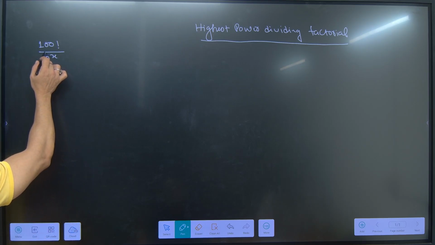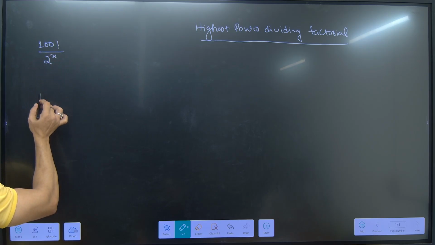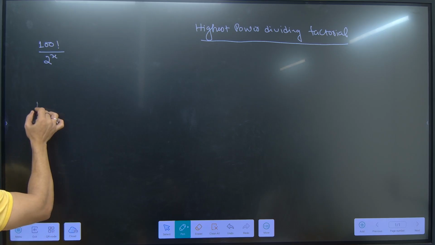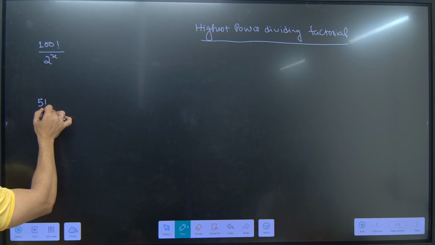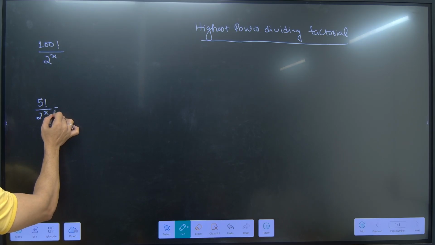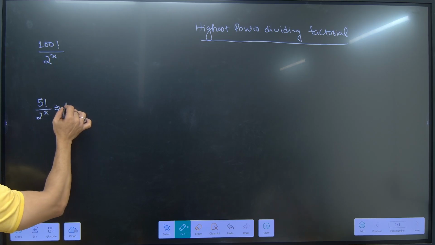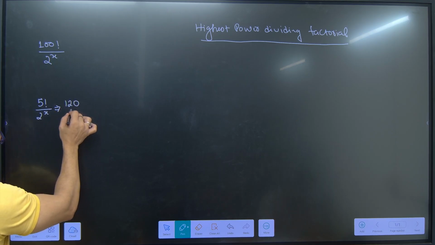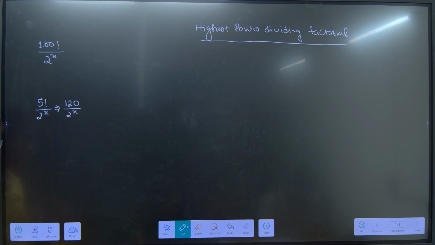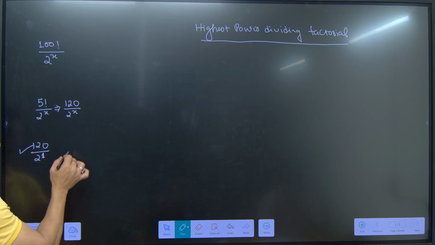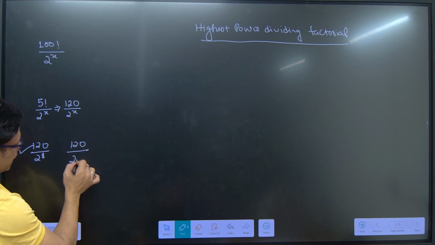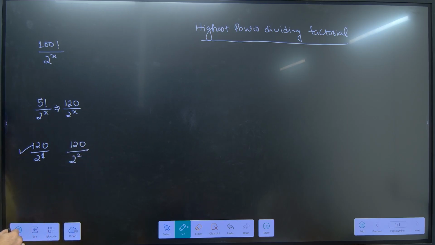Now, to understand this whole concept, first I'll take a small number. Let's say 5 factorial, and the highest power of 2 which can divide 5 factorial. 5 factorial is 120. In place of x, you write 1. So 120 divided by 2 raised to the power 1. Does it divide? Yes. Now take 120 divided by 2 square, 4.